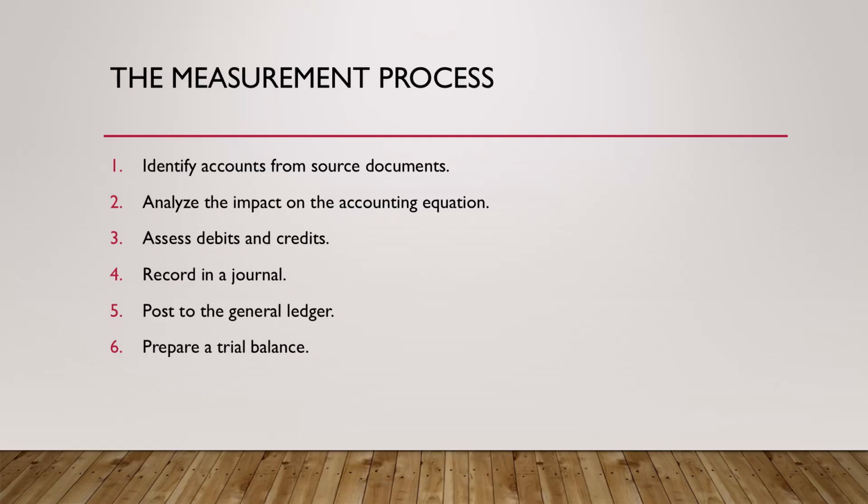Third, they assess how the transaction affects accounts using debits and credits, which we will cover in detail soon. The final 3 steps involve recording the transaction in a journal, posting it to the general ledger, and ultimately preparing a trial balance. Today, our entire focus is on mastering that critical second step, the analysis.